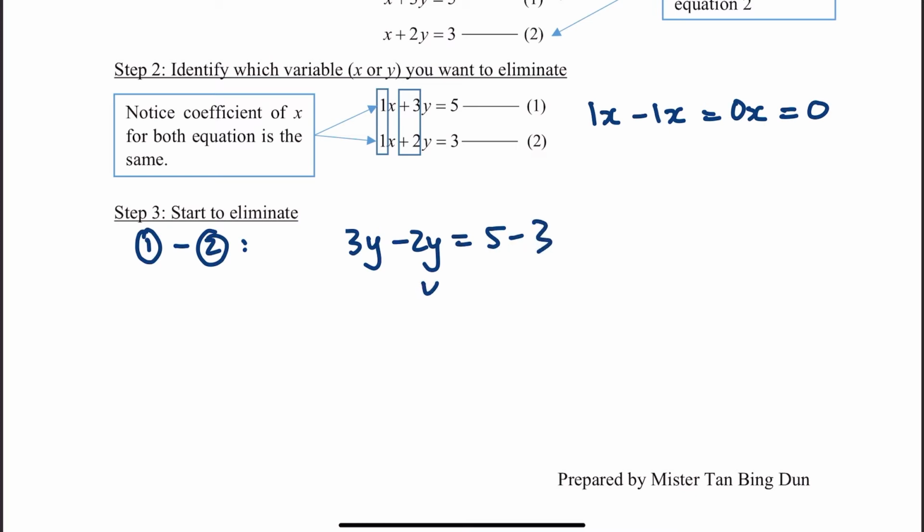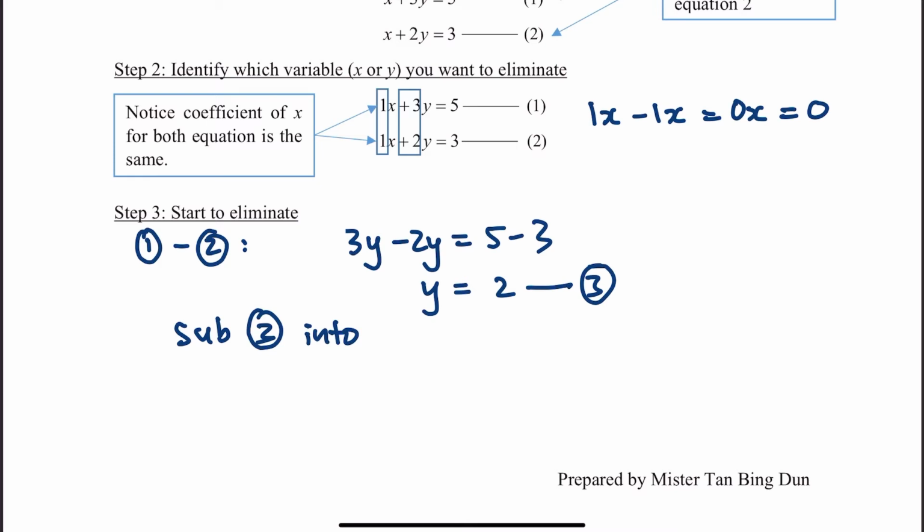This means that I have y equals 2, and I'm going to name this as equation 3, and I'm going to substitute this new finding into either equation 1 or 2. It's not actually necessary to write equation 3, it's just that I don't want to write the entire equation, it's up to you.